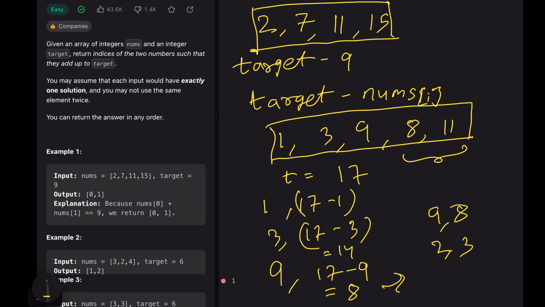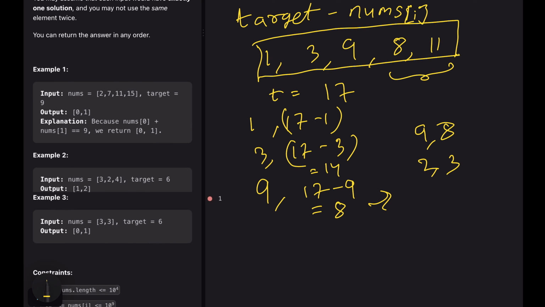So what is the time complexity? We're traversing the whole array. The first time we will go n times. After that we'll go n minus 1 times, n minus 2 times. If we add it, it becomes n square.